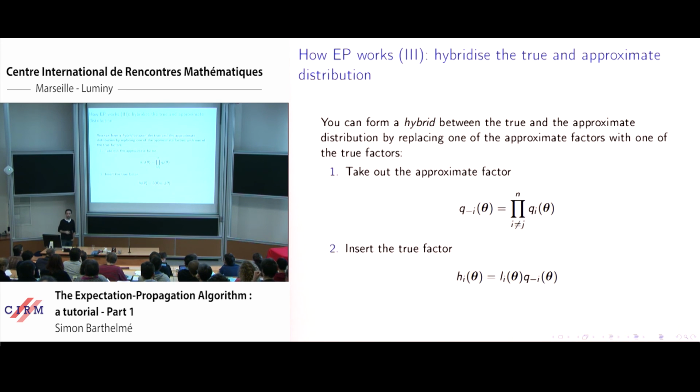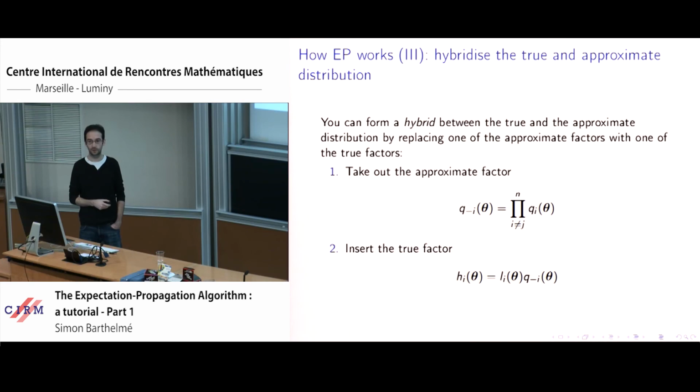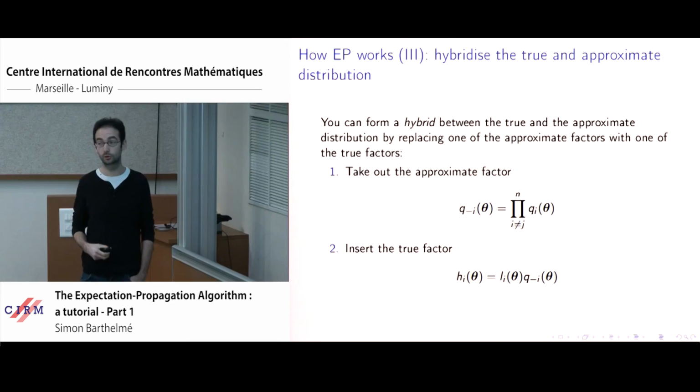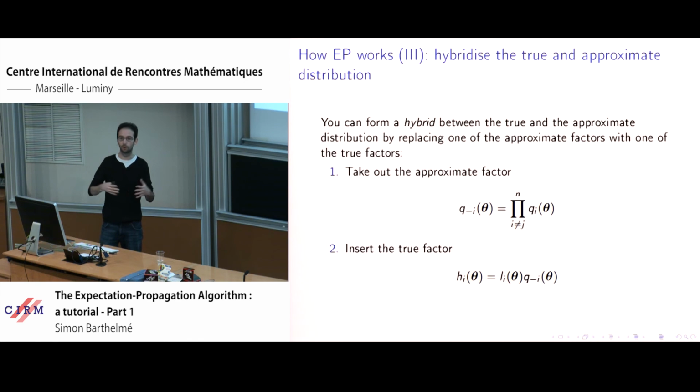So I remove the j factor, and then I'm going to introduce the true factor instead. This is how I interpolate between the current approximation and the target. The global approximation minus one of the sites is called a cavity, because you've created a hole.